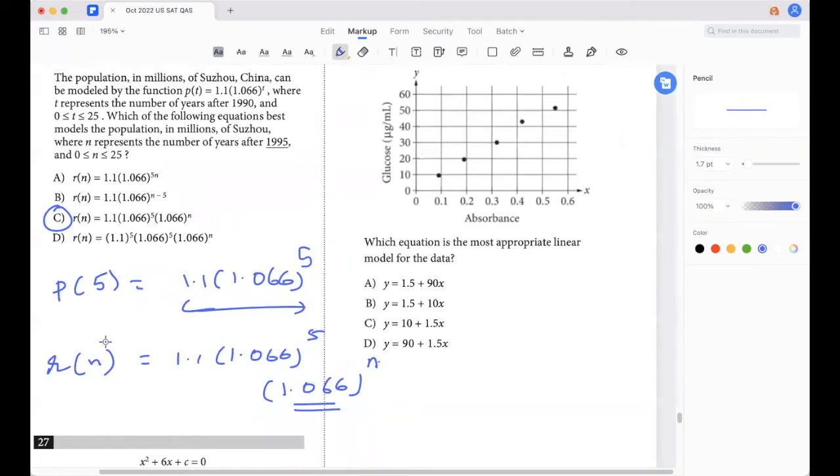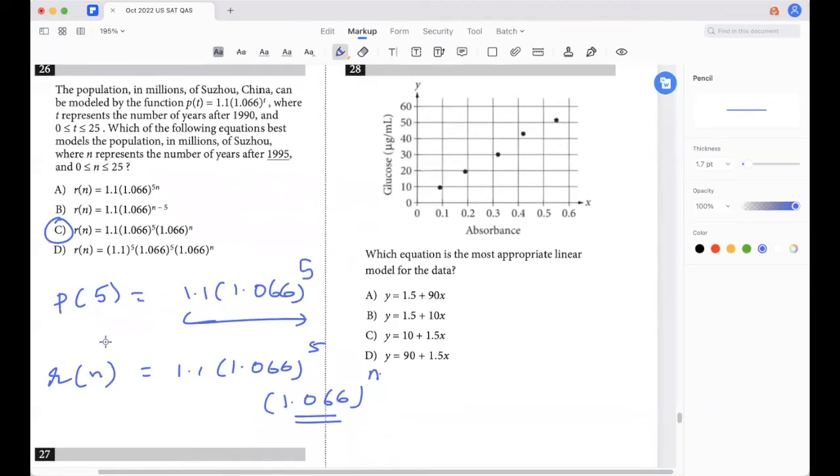Which equation represents the linear model for the data? Okay, so you have something like this. Okay, so let's first work with the slope. The slope is, if I use these 2 points, then it comes to 10 by 0.1, which is very close to 100.